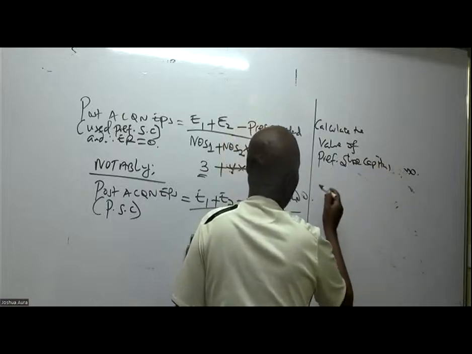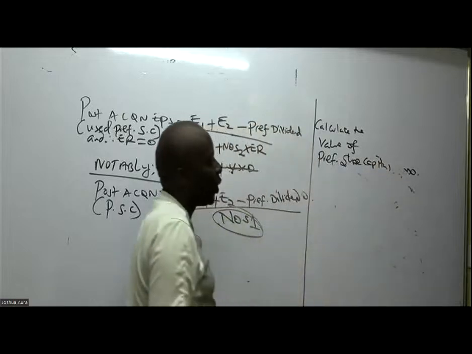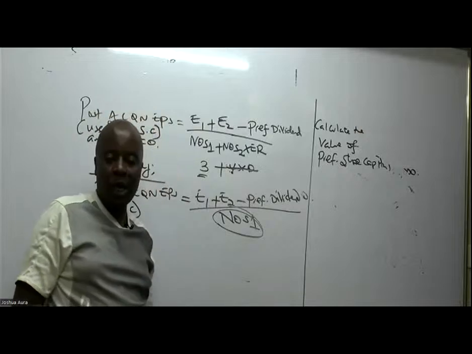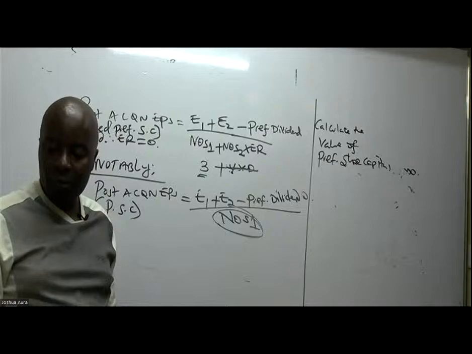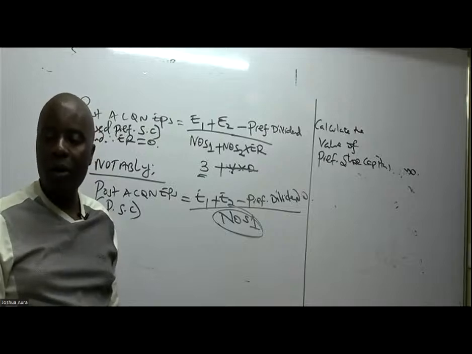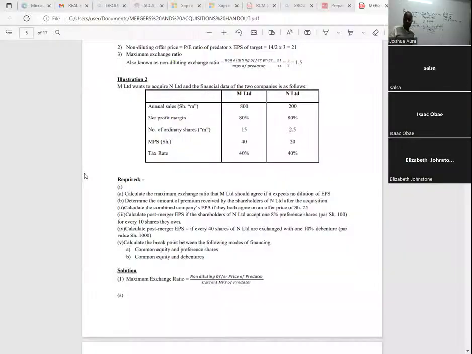The preference share capital value basically depends on the number of shares that I issued. Like here they have told me, we issue 1 preference share for every 10 shares they own.